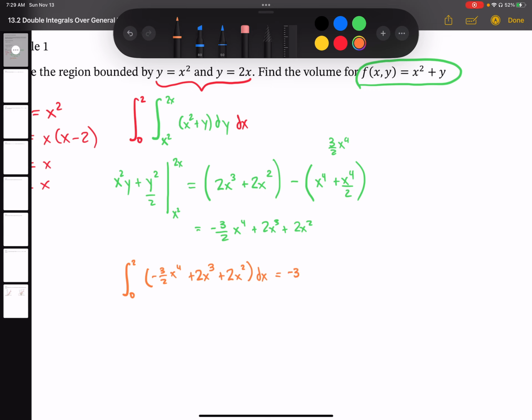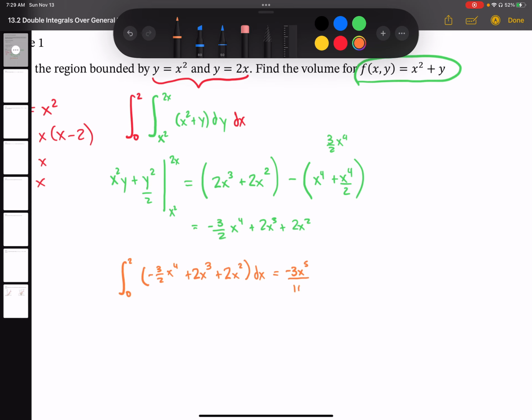And again, the integration should be relatively easy. We should get negative 3x to the fifth divided by, let's see, 5 times 2 is 10. Then we're going to get plus 2x to the fourth divided by 4, so that's 1/2. And then plus 2x cubed divided by 3, and we're evaluating from 0 to 2.